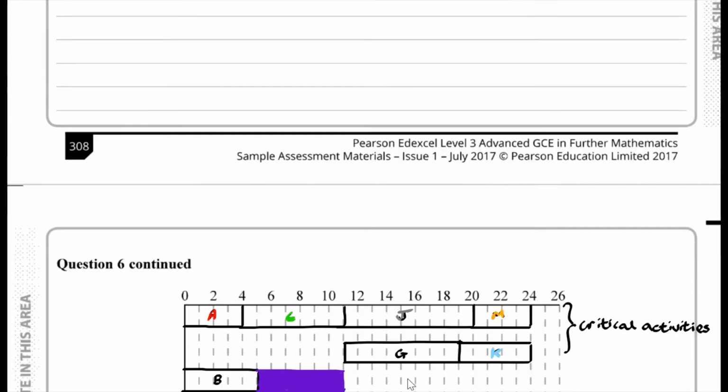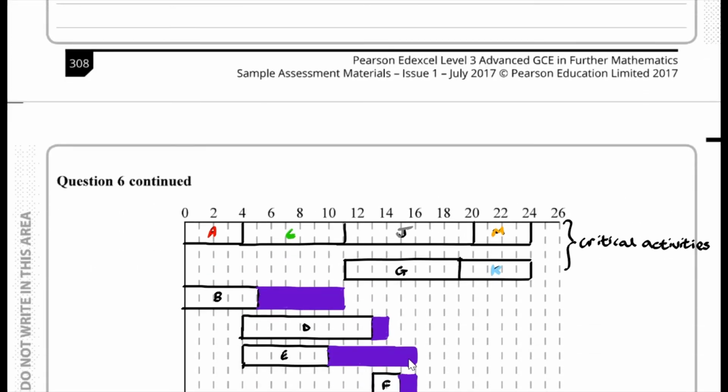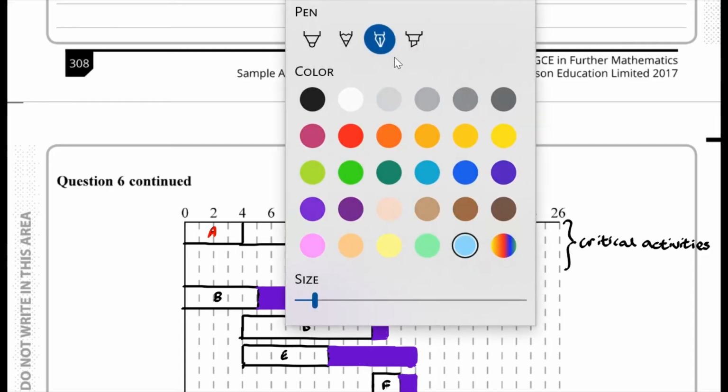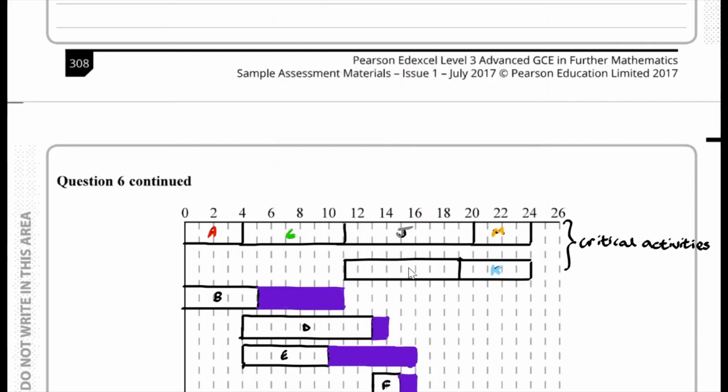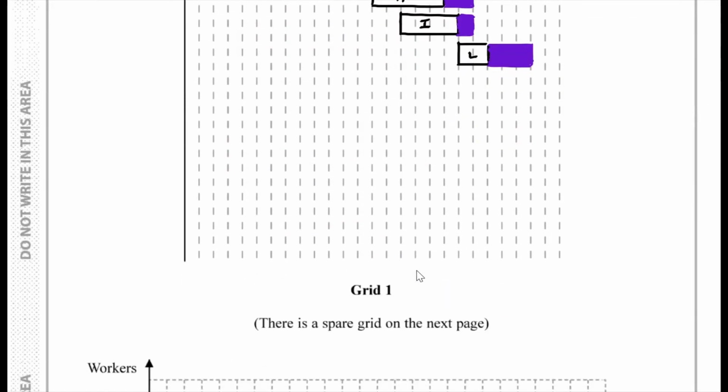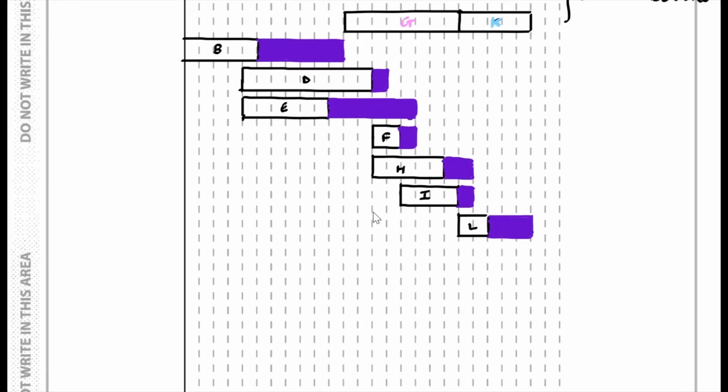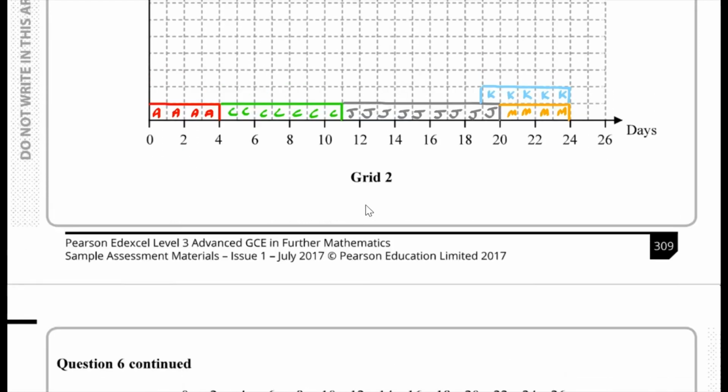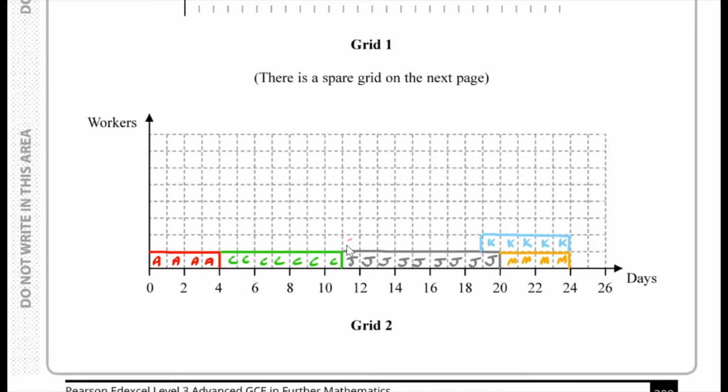And we also have G as well. So let's add this in a different colour. We have G over here. And G, that starts at 11. So we have G's all over here. Okay, let's just rub that off like so.